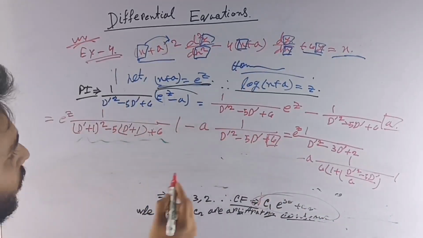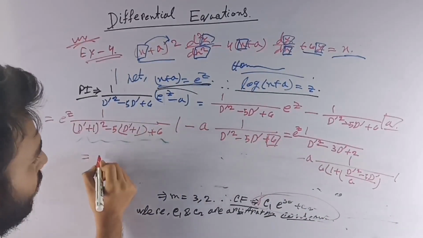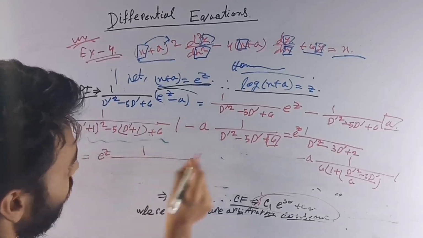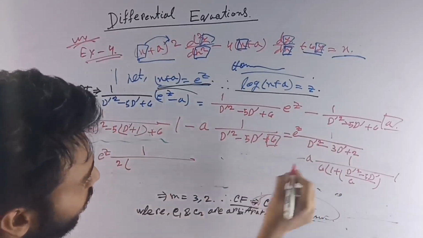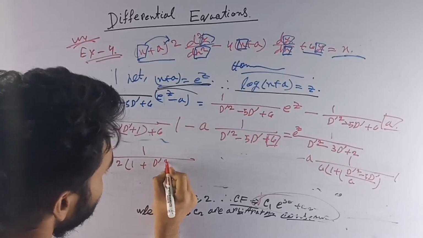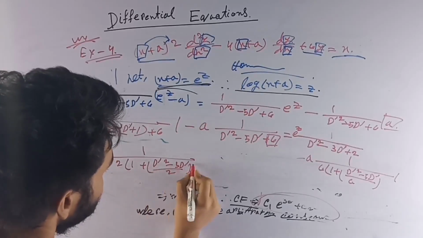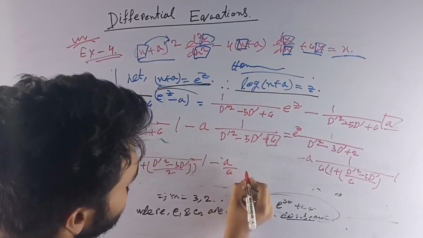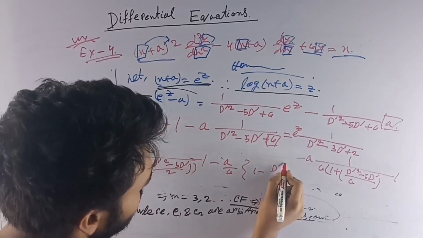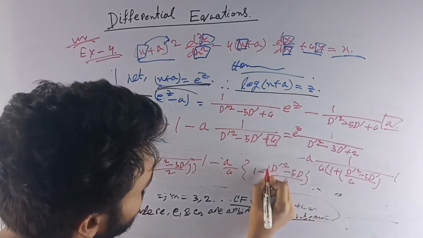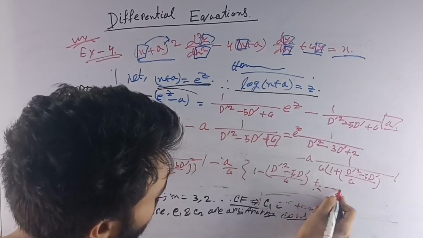So 1 plus d naught square minus 3 d naught by 2, and minus 1 by 6 whole of 1 minus d naught square minus 5 d naught by 6 plus dot dot dot.